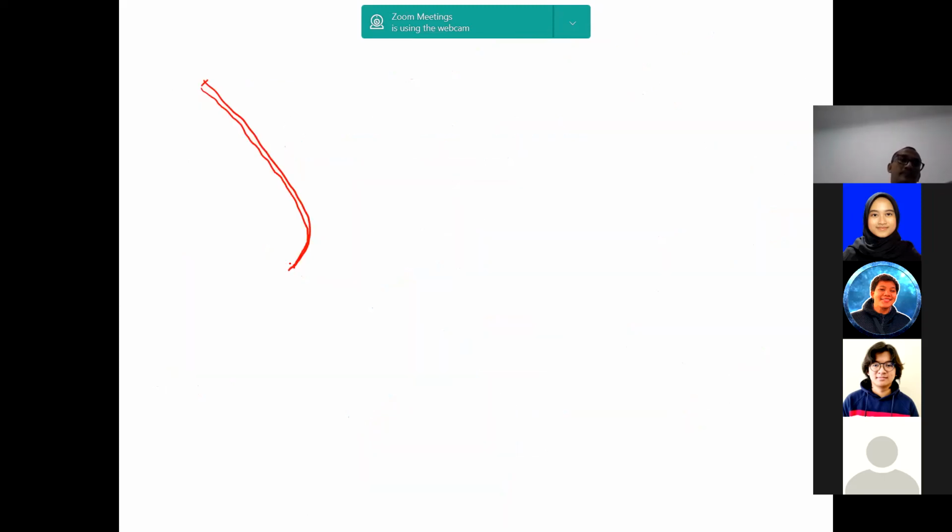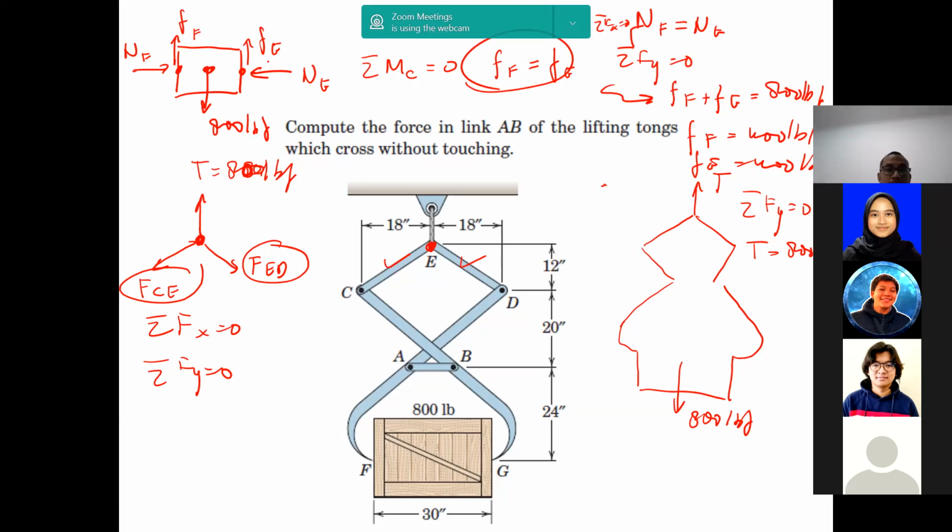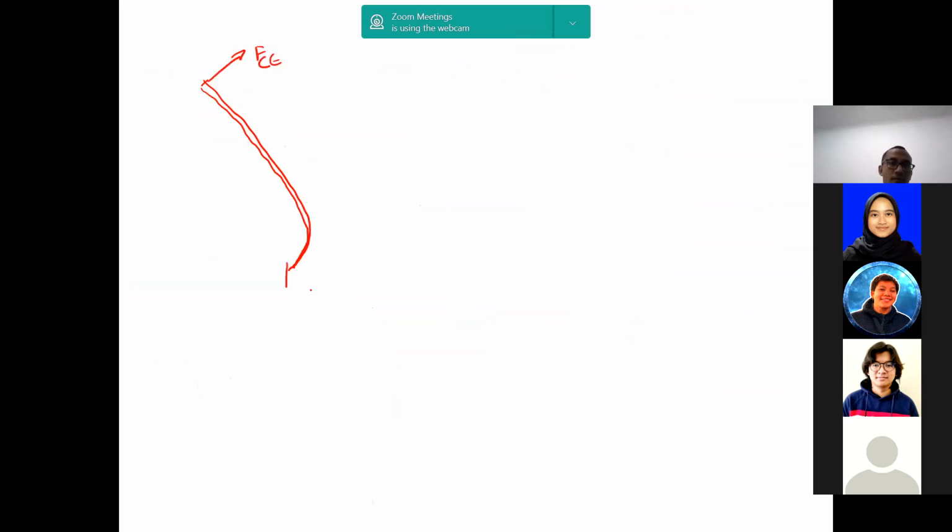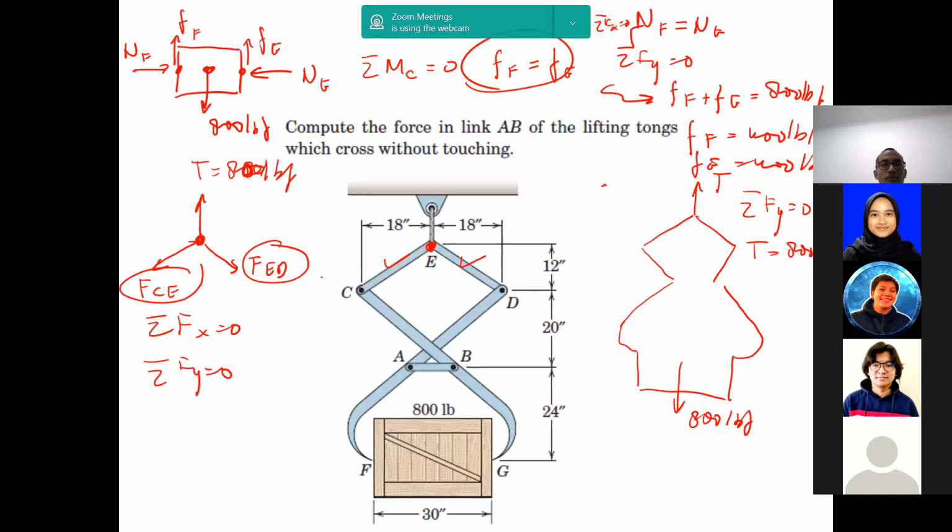FCE, in the direction of the member. FCE. What else? FG and NG. FG is supposed to be going downwards or upwards? Downwards. Okay, FG downwards. NG to the right.